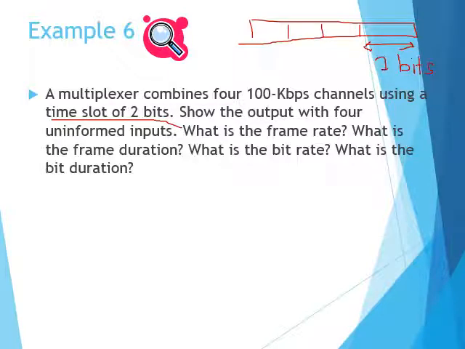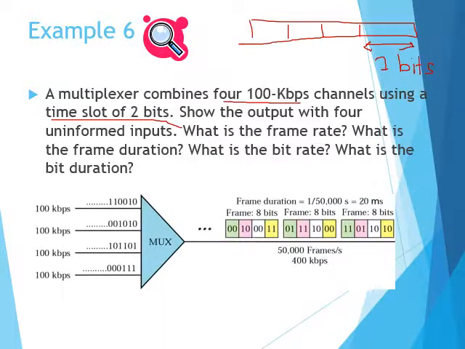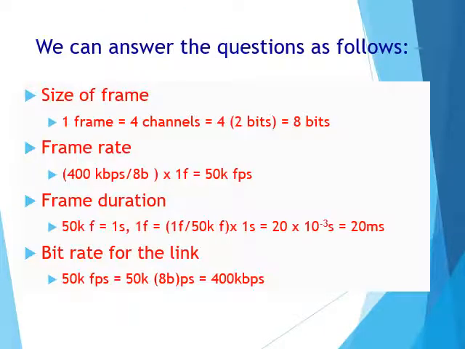We have 400 kilobits per second. Show the output with 4 uniform inputs. So 2 bits for each time slot. The size of the frame is 8 bits, because 4 times 2. The frame rate equals 50 kbps.